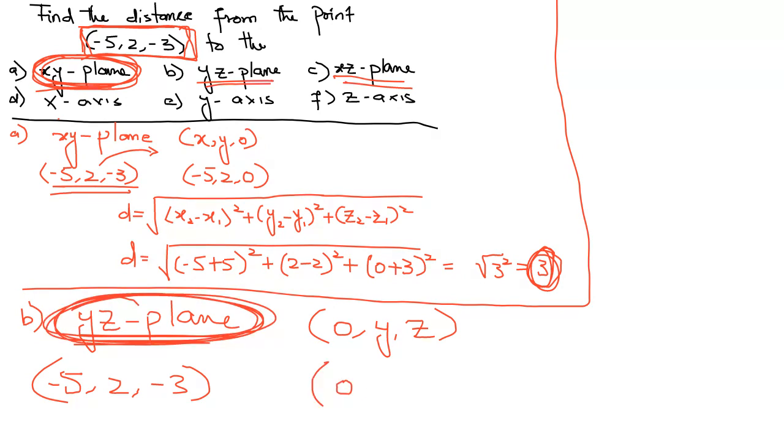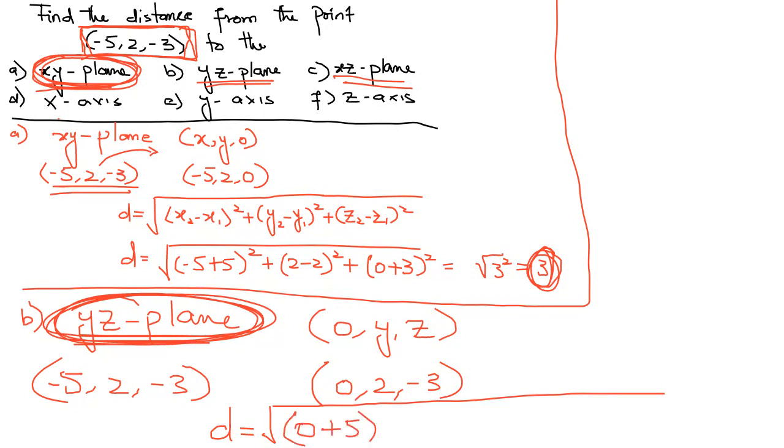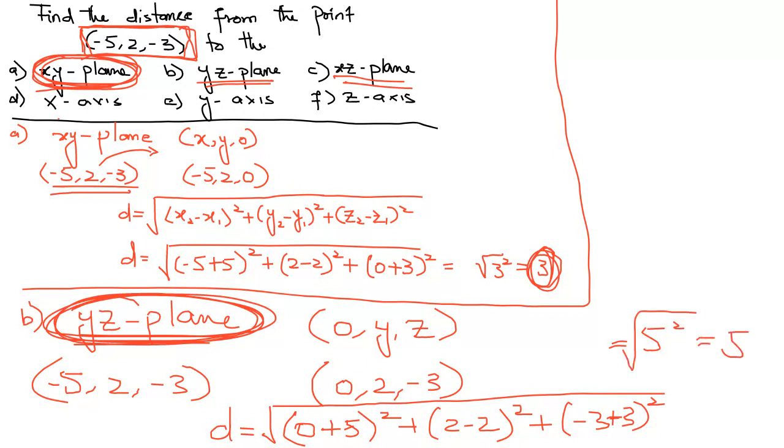You will get 0, 2, and -3. Substitute in the formula: d is equal to the square root of 0 plus 5 whole square plus 2 minus 2 whole square plus -3 plus 3 whole square, which is the square root of 5 square, equal to 5. So 5 is the distance to the YZ plane.